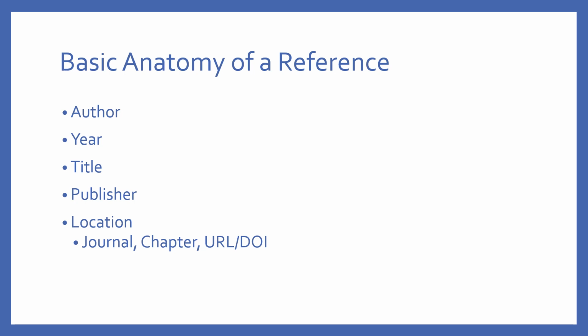But we always want to include a URL or a DOI for a reference when it's available. And DOIs are increasingly popular. Even for old documents that were written before the internet, there were still DOIs that were assigned to those after DOIs became popular. So more and more we're seeing DOIs prevalent.